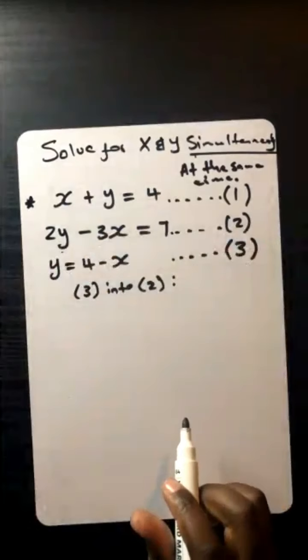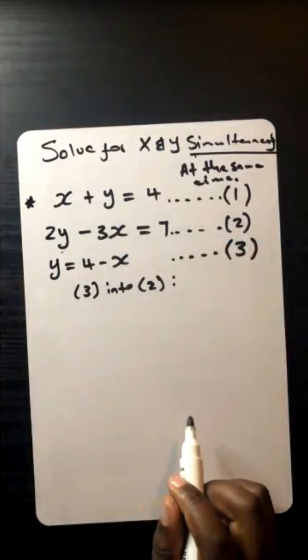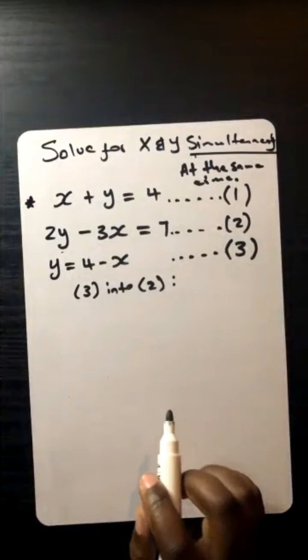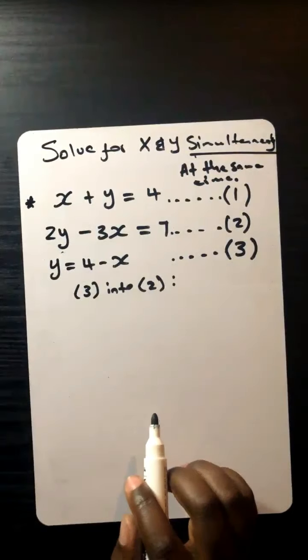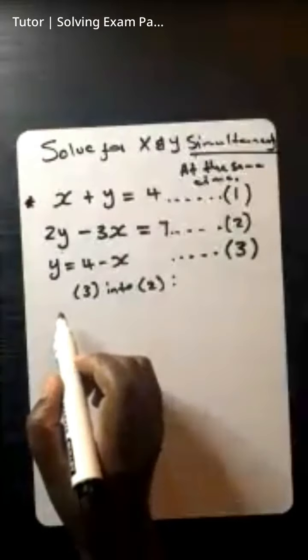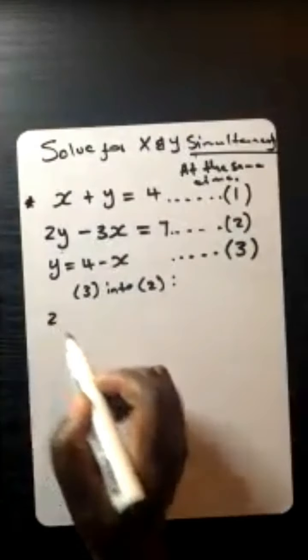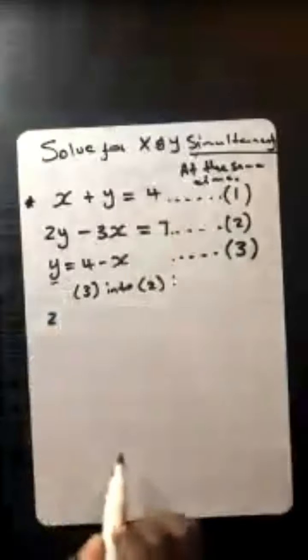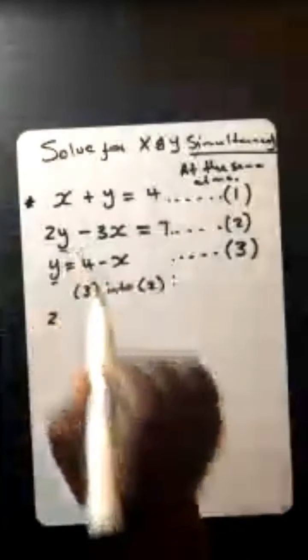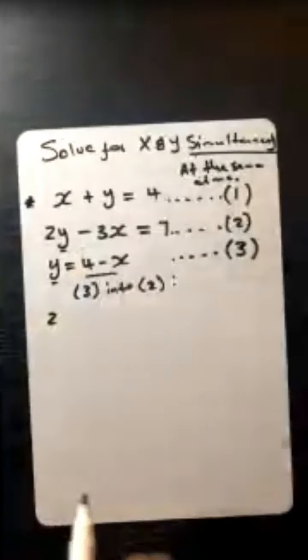Why are you substituting? It's because you want to have the same letters and just solve for one letter. Let's see. Wherever we see y in equation number 2, we substitute the whole of that.